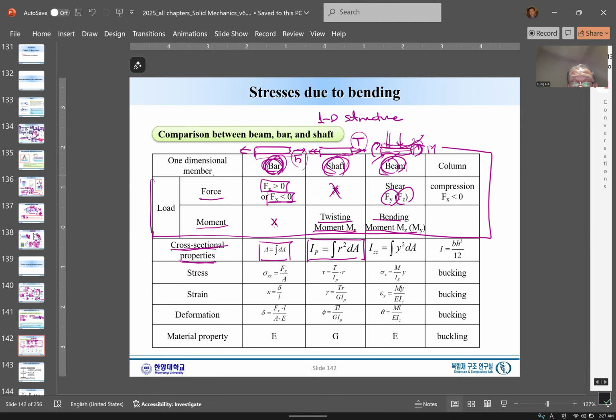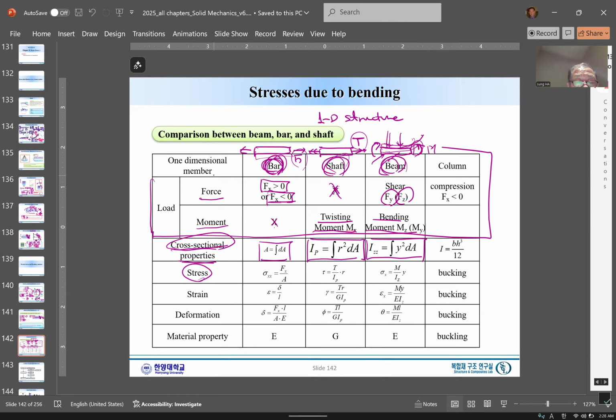And for the beam, as we just mentioned, the bending moment of inertia is simply the integral of y squared dA. All of these can be considered cross-sectional properties.